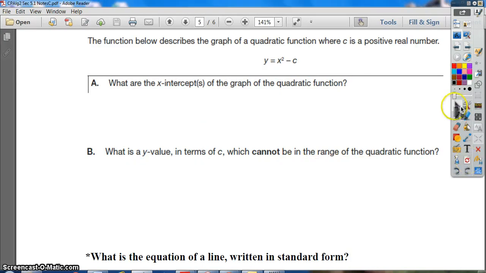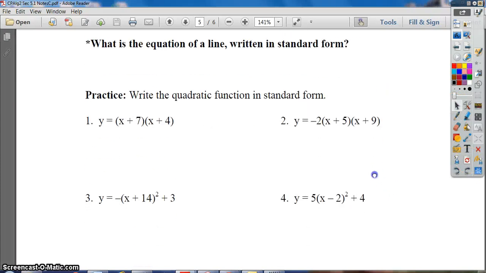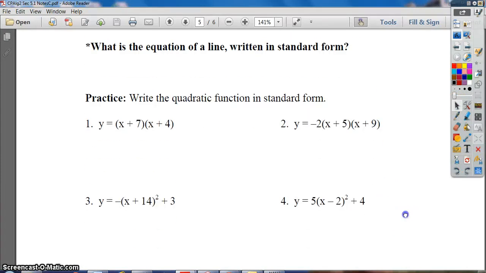Okay. The last part's not bad. What is the equation of the line written in standard form? Okay. So practice, write the quadratic function in standard form. Remember, standard form looks like this. Now, because I'm showing all the steps here, I'm going to go pretty quick. So this is going to be x times x. There's my first guy.